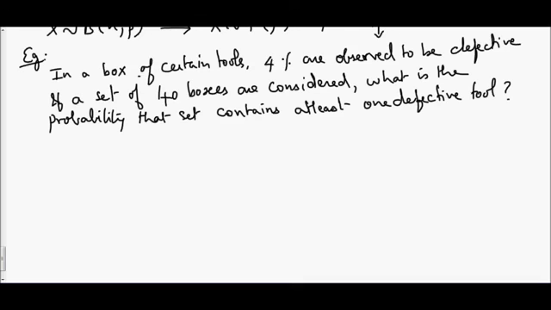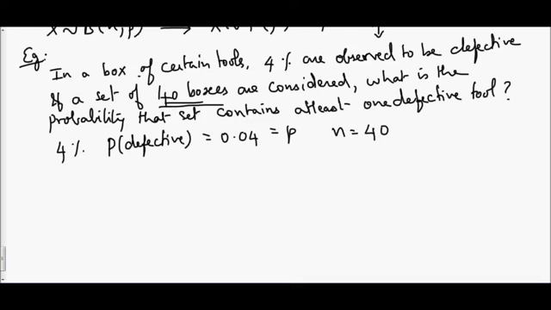It doesn't look like anything of Poisson distribution because there is no rate, but 4% is the probability of a defective tool, which is equal to 0.04. So you can see that the p is really small. You can take this as p, and the moment you saw 40 boxes, the number of trials is 40.